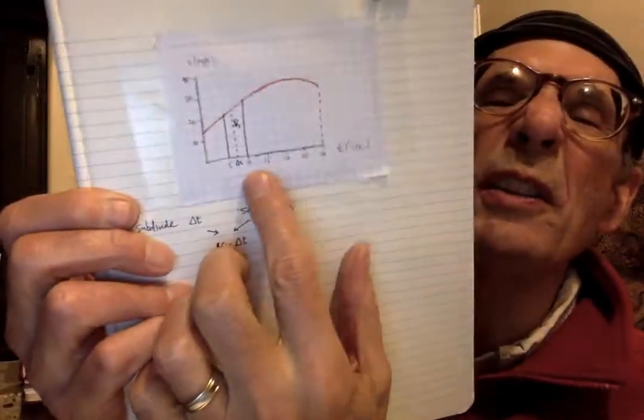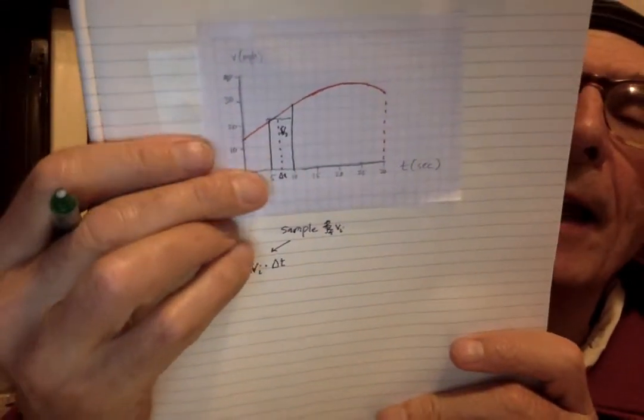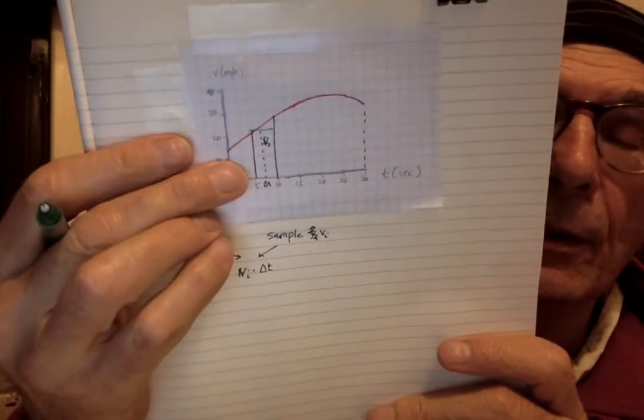So what you're going to get is, here's one subdivision, and there's the sample, and you get the area of a rectangle. So that's this rectangle whose top is green, and that's approximately the distance traveled.